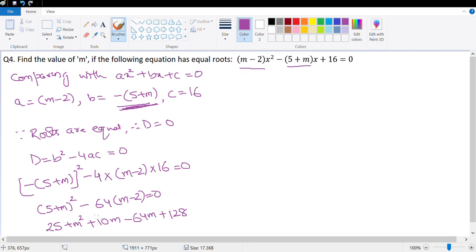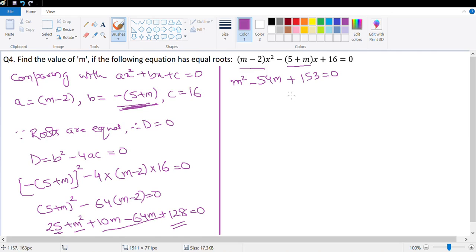Let's just check. Yes, that's 128 is equal to 0. Okay, so this is m square, 10 minus 64, that's negative 54m plus 128 and 25, that's 153. So plus 153 is equal to 0.